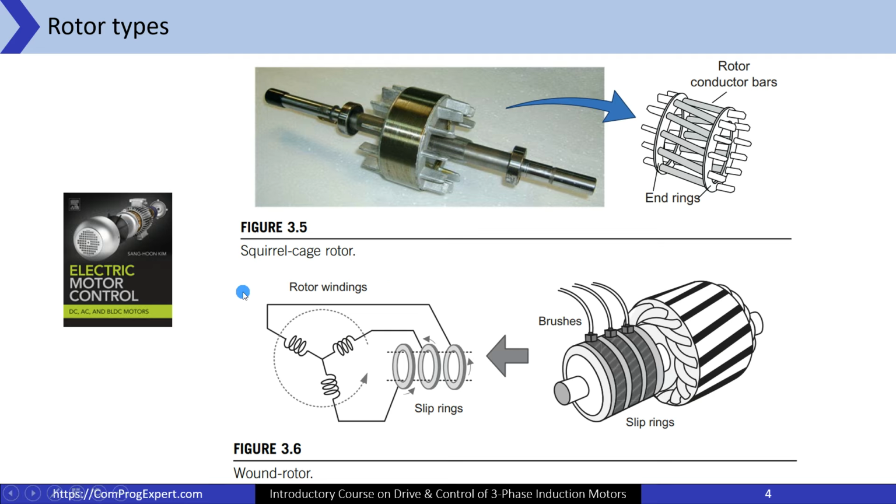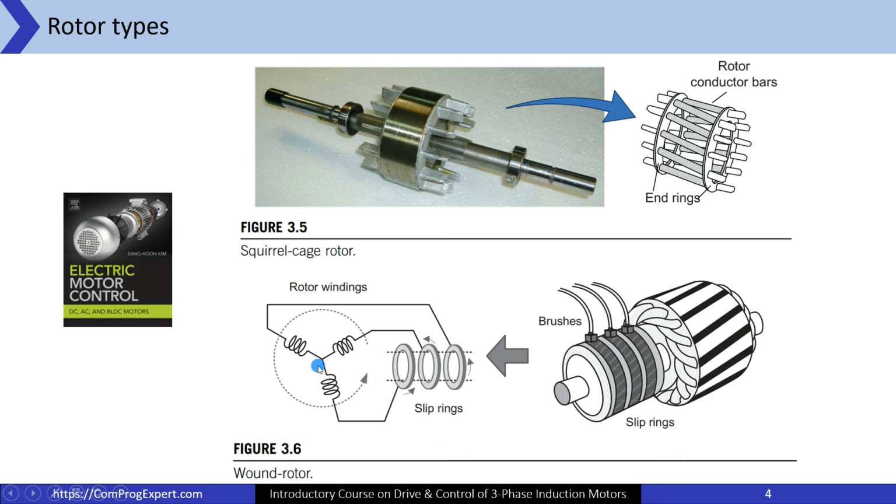So here we have the wound rotor induction motor. When we want to have access to the windings to feed them, or if you want to use external resistances to modify the torque speed curve to increase the starting torque, in these applications we use wound rotor induction motors.